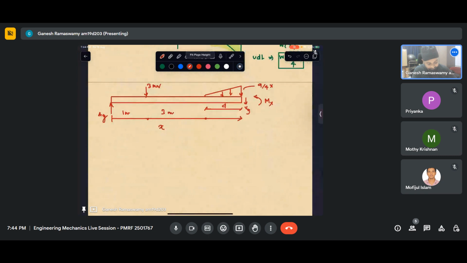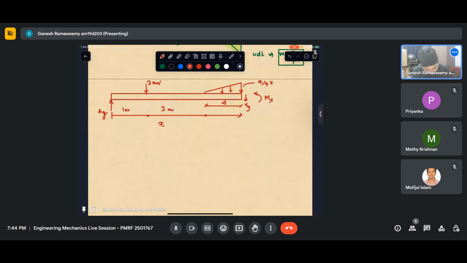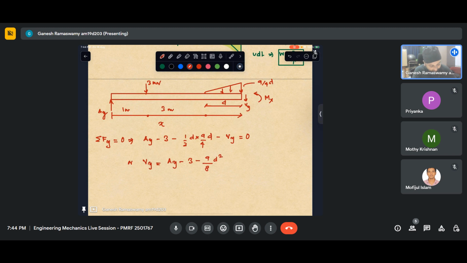Okay, so adding up Fy equaling 0 gives me Ay minus 3 minus half into d into 9 by 4 d minus Vy equaling 0, or Vy equal to Ay minus 3 minus 9 by 8 d squared. This is the relation I have got in terms of d.